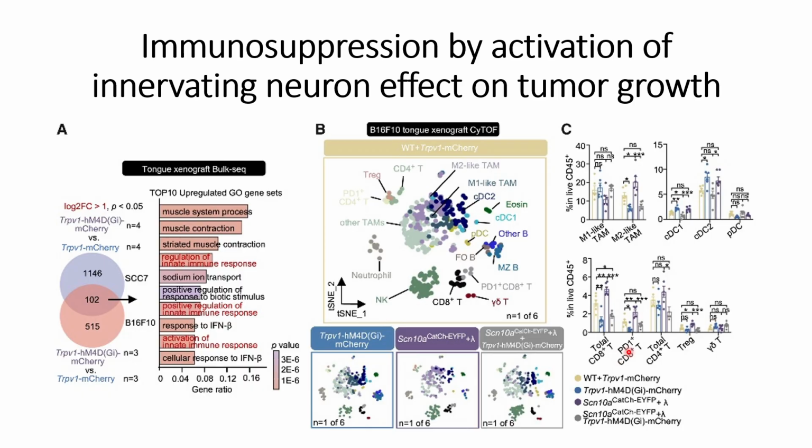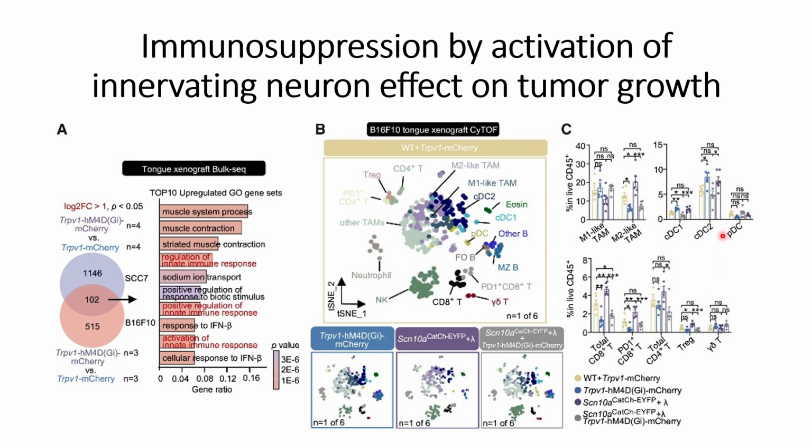So this also goes down whenever the chemogenetic reagent is used along with CatCh EYFP. This altogether indicates that immunosuppressive environments are triggered by activation of innervating neuron, and these immunosuppressive cells are suppressed whenever the chemogenetic reagent is used, either along with CatCh or individually.